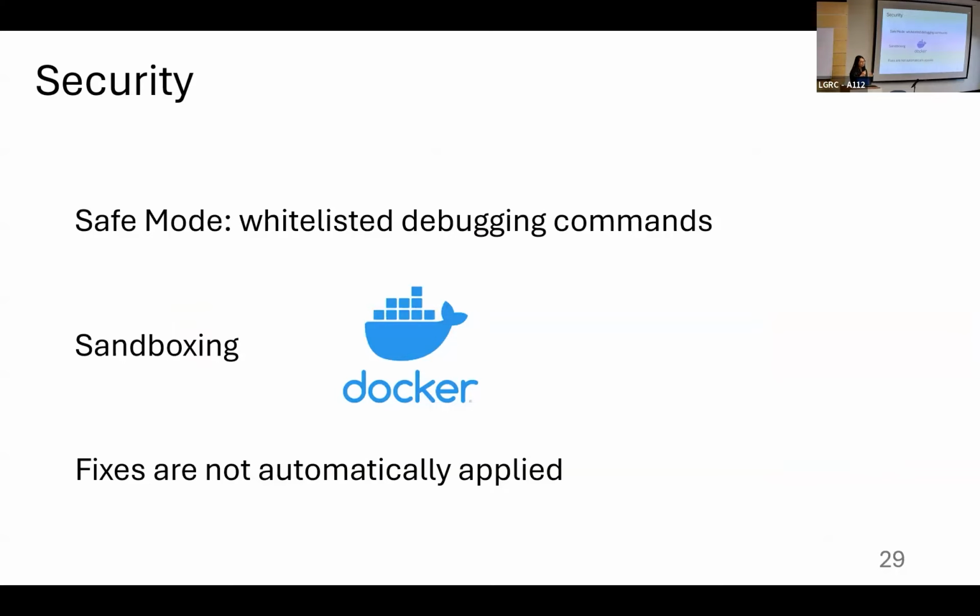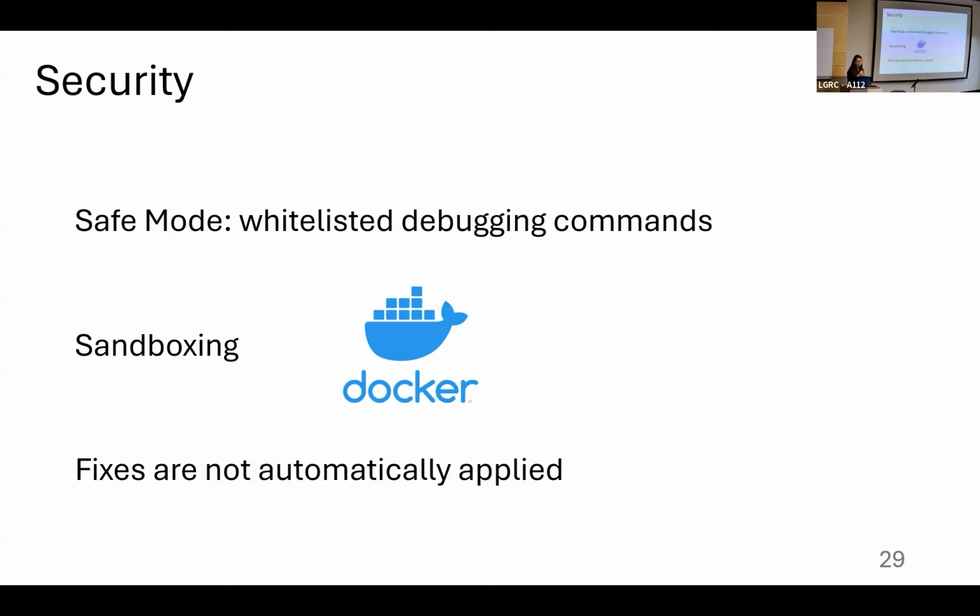The first line of defense that ChatDBG has is that it runs in a default safe mode. In safe mode, the LLM cannot run any debugger commands that are not on a user-defined whitelist. So if you don't trust the LLM to read from certain files, then you don't have to let it. But if you do, then you can just turn that off with an unsafe flag and let it go at your own risk.